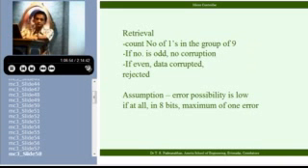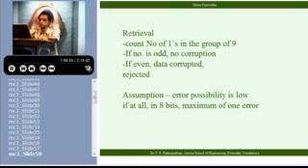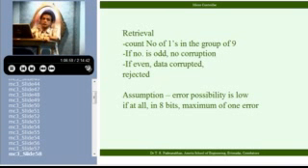We will continue. So for retrieving, you start off with 8 bits, add a parity bit.